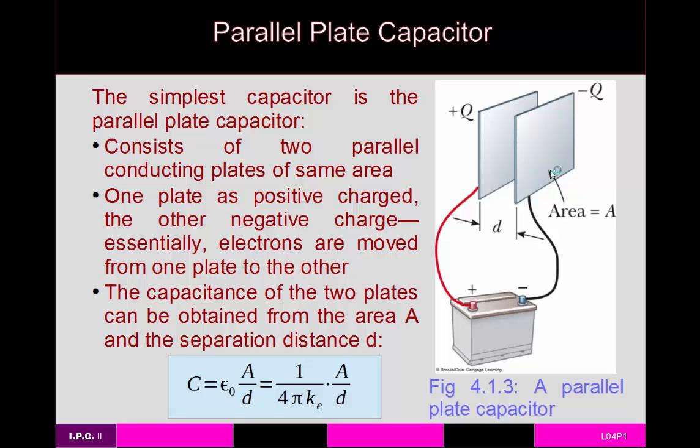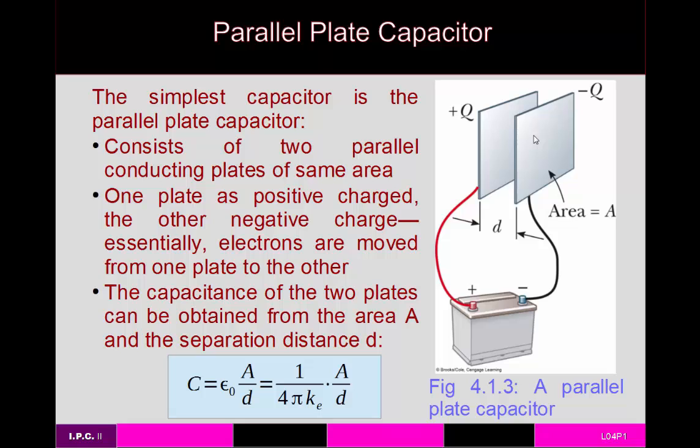However, we usually define the charge stored on the capacitor as being essentially how much charge is stored on one of the two plates. So there's plus Q charge on this plate, there's minus Q charge on this plate. So we'd say that this capacitor stores a charge of Q, even though the total charge is actually 0.